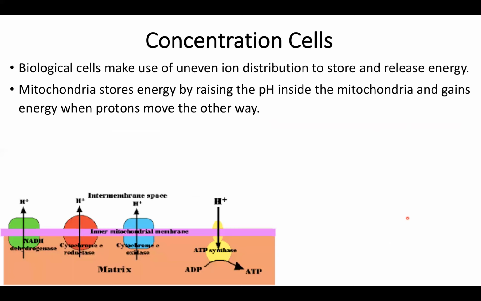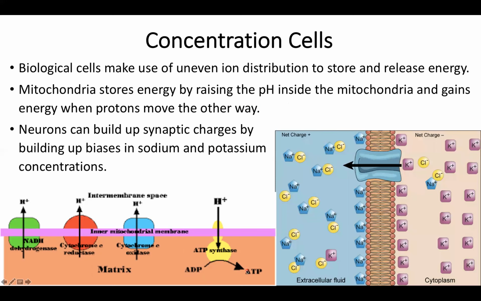So it's worth noting, this is one of the ways that metabolism works, is that it builds up a proton concentration where mitochondria tend to raise the pH inside of the mitochondria. So again, low hydrogen concentrations. And that way, when protons move the other way, you can use this to drive a lot of cool processes like making ATP.